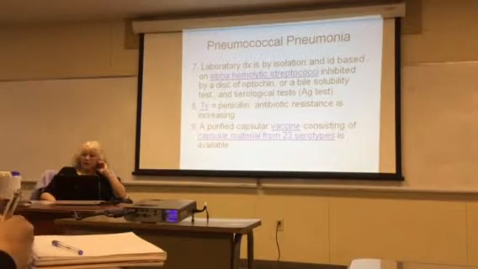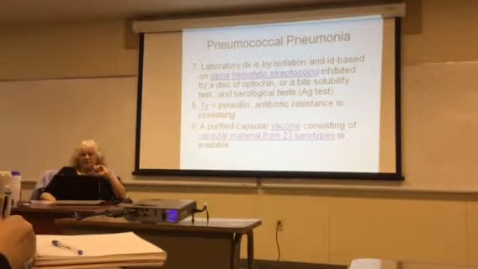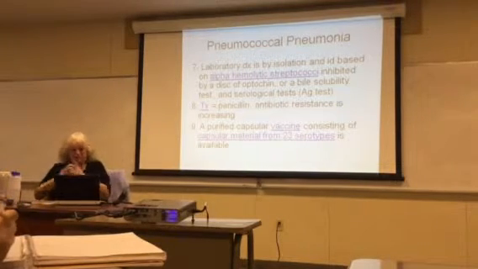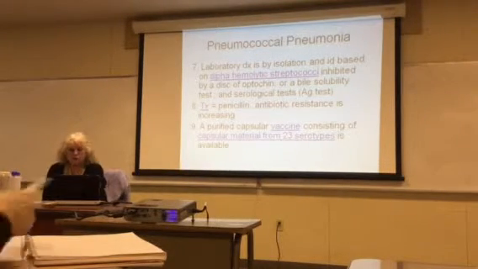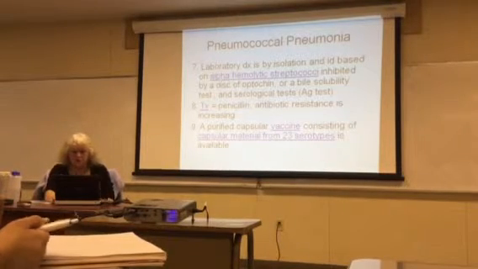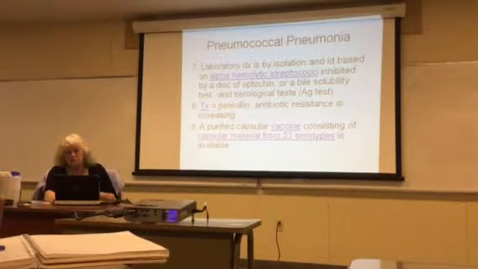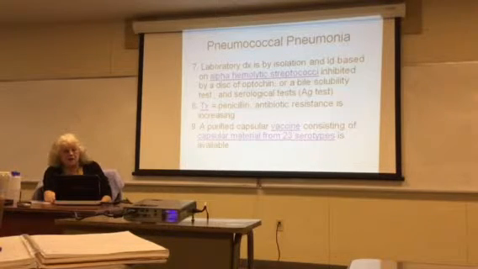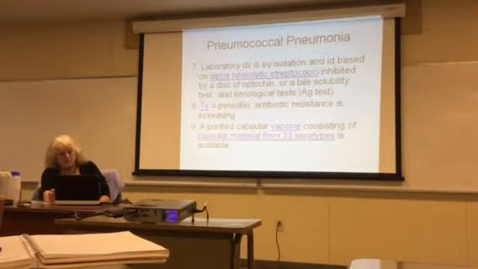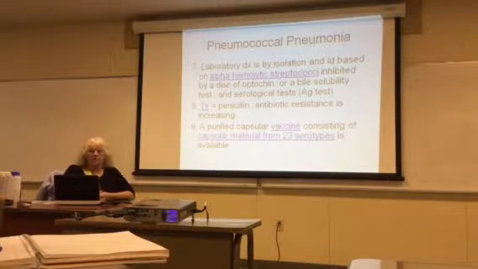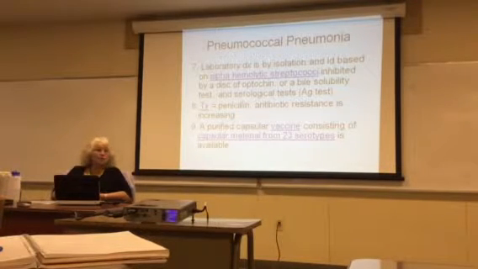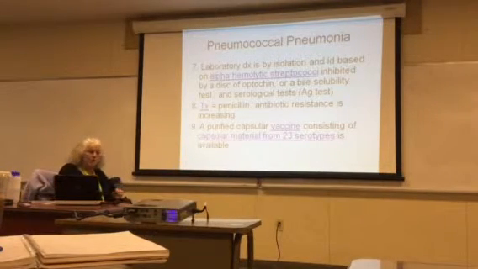They can also run an optochin disc test or a bile solubility test and other types of serological tests checking for antigens and antibodies against those antigens. Treatment is penicillin, and for this bacteria, antibiotic resistance has been increasing. There's a purified capsular vaccine, and that contains capsular material from those 23 serotypes.